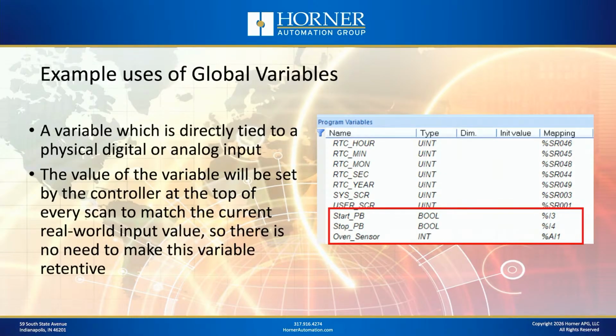With these variables, you, again, program them as global. You type in the name as you add them to the program variable window, and in the mapping column this time, you put in the specific %IQ, AI, or AQ register that real-world I/O point is coming from. So that is another example of a global variable.